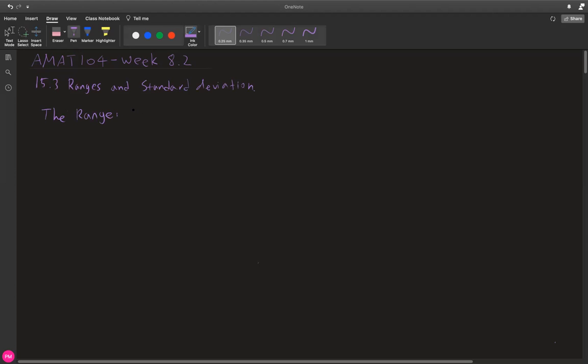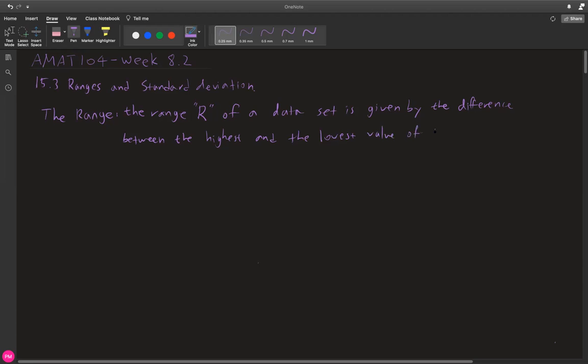So the range, denoted R, of a data set is given by the difference between the highest and the lowest value of the data.